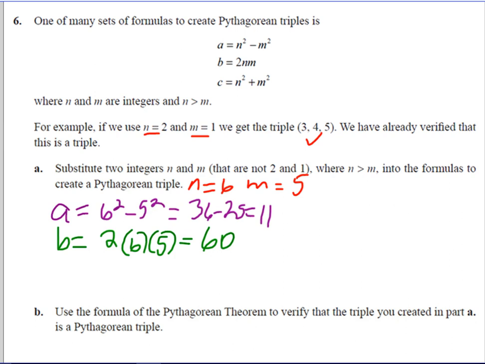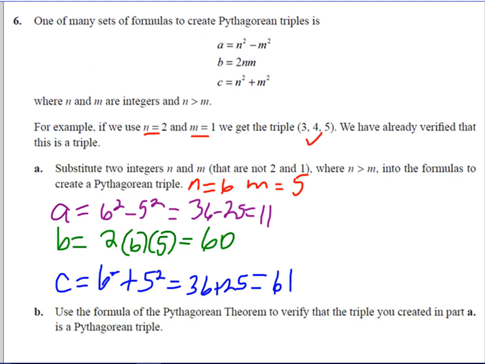And then our C value, instead of subtraction like A, it's going to be addition. So we're going to have 6 squared plus 5 squared, which would give us 36 plus 25, or 61.